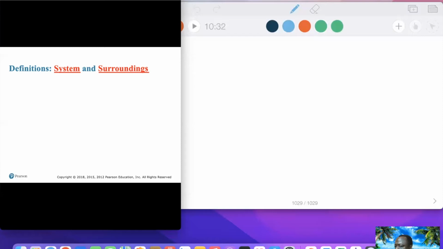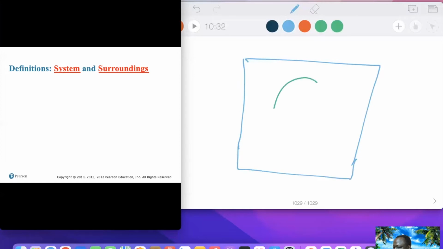In this diagram, we have A plus B going to C plus D. This is where the reaction is taking place.